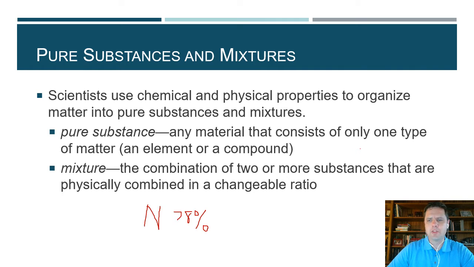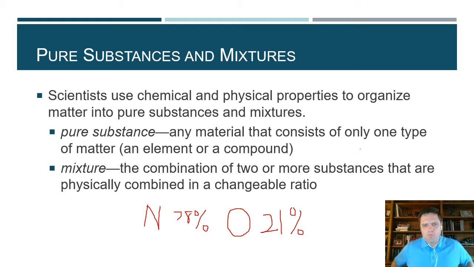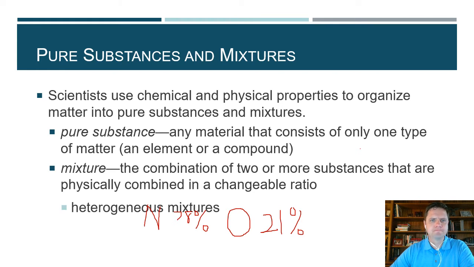And does anybody know the next most prevalent gas? Yes, it would be oxygen, something around 21%. And what's left, the 1%, is made up of mostly carbon dioxide, but there are also other trace gases, some noble gases like helium, water vapor, and stuff of that nature.